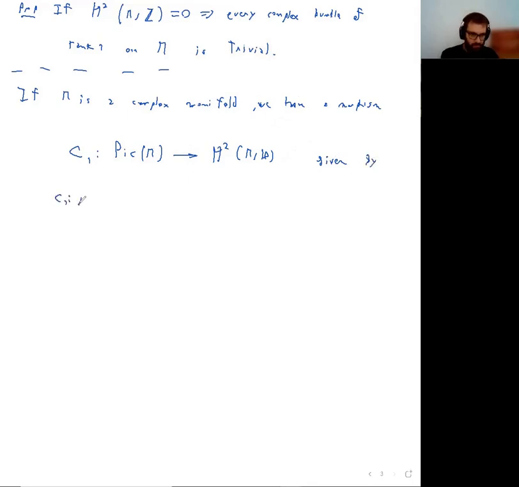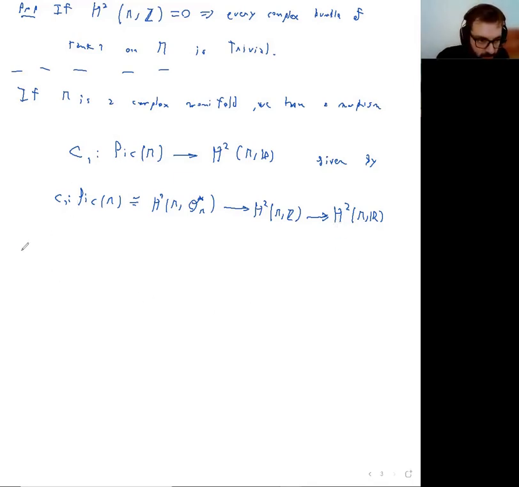Because you just think that C1 goes from the Picard group, but this is isomorphic to the H1 M O star. And here we have the snake's lemma map, right? And this one we can just put into H2 M R. And sorry, here I put the inclusion thing, but it's not always an inclusion. So I should just put this. Of course, Z into R is an inclusion, but the induced map is not necessarily inclusion anymore.